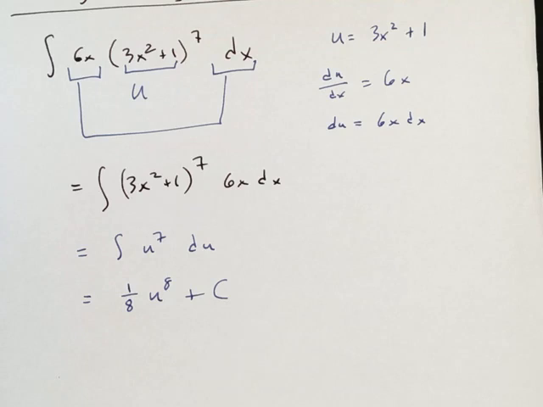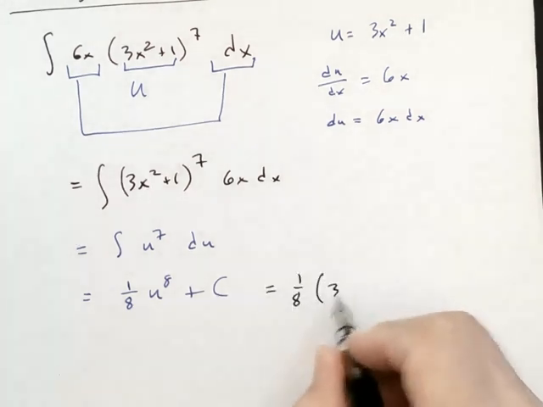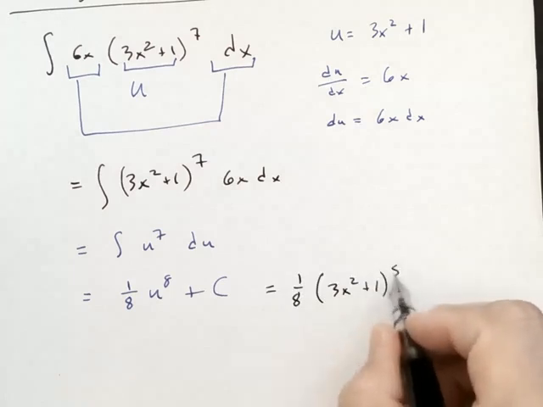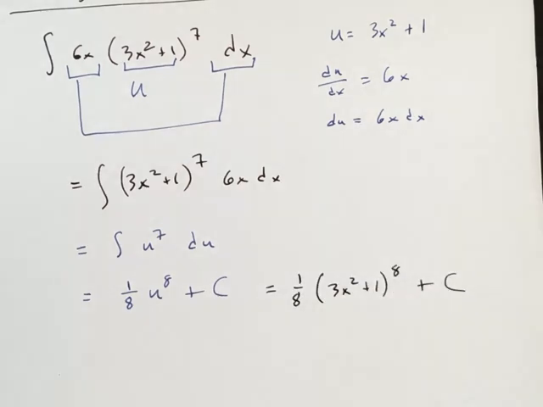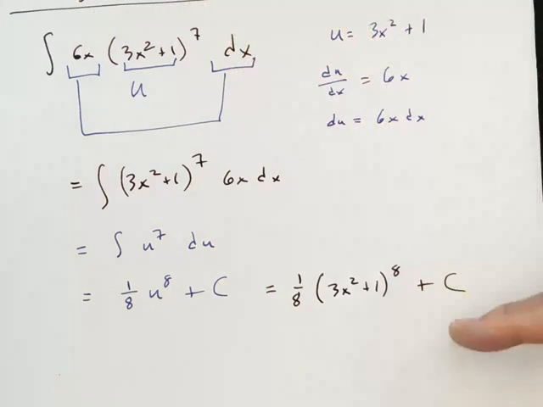So let's take our substitution and put it back. And now this antiderivative is what we've computed here.